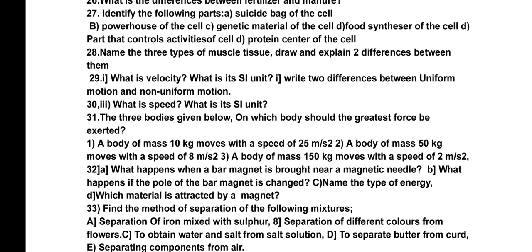28th question, let us see. Name the three types of muscle tissues. Draw and explain the differences between them. Muscle tissues are the striped or striated muscles, non-striped or non-striated muscles, and also the cardiac muscle.